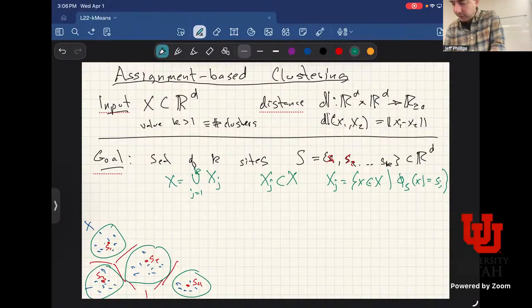So this set here would be X_1, this set would be X_2. Everything inside here, this subset of all the data points, is X_1. This one is X_2, and so on.